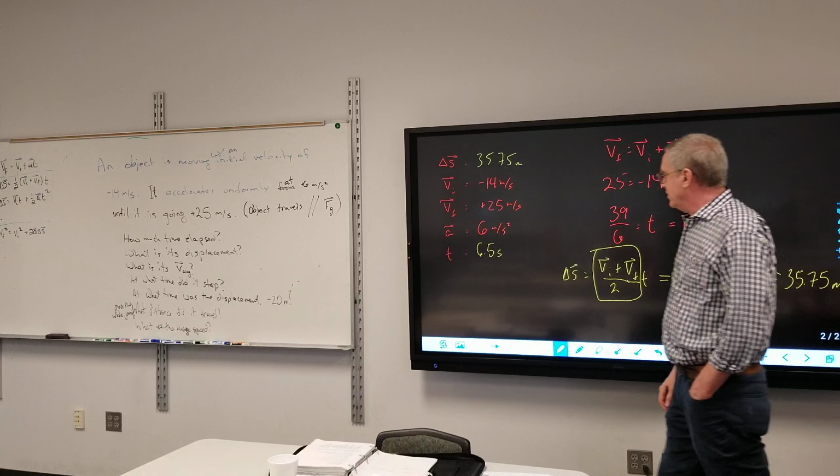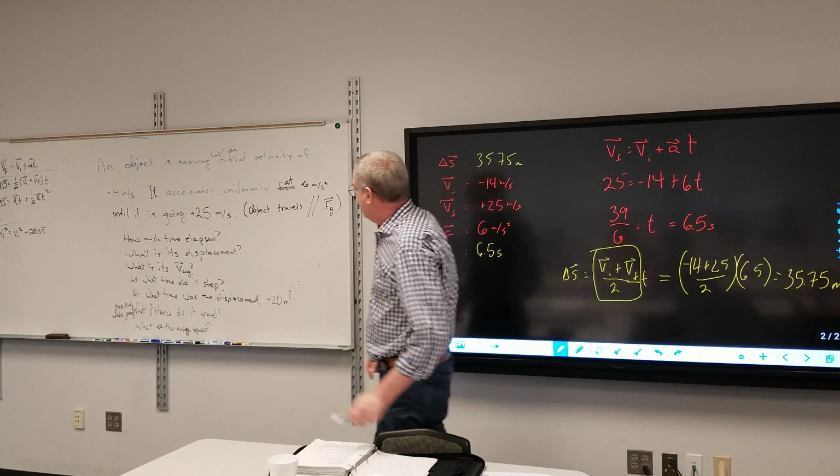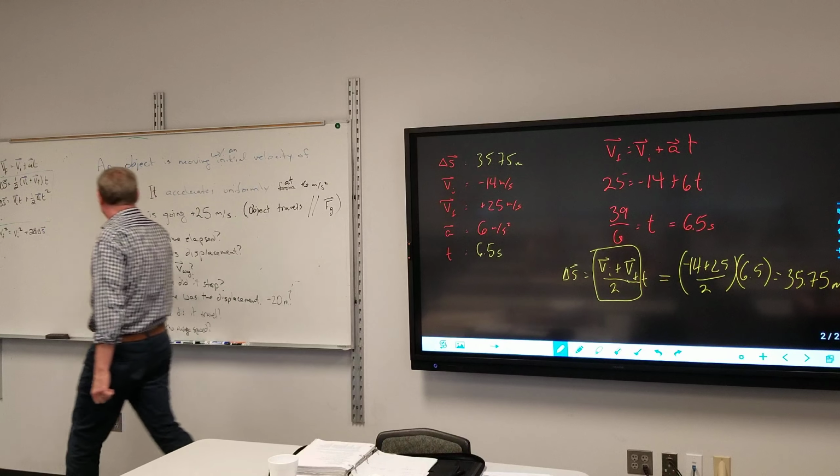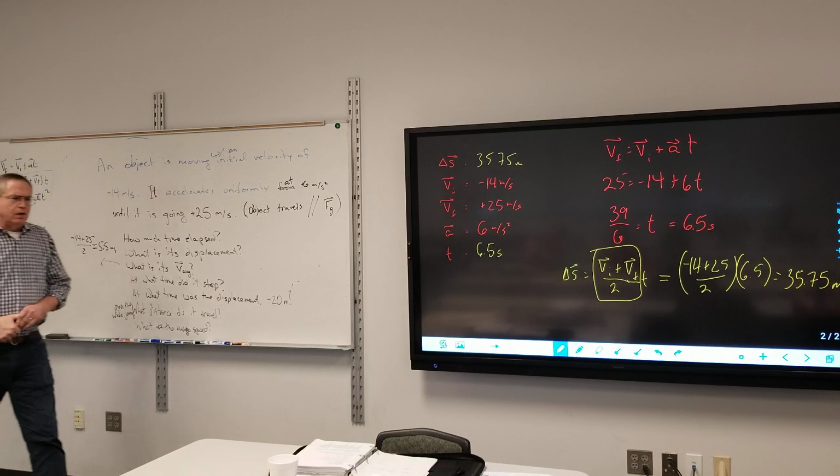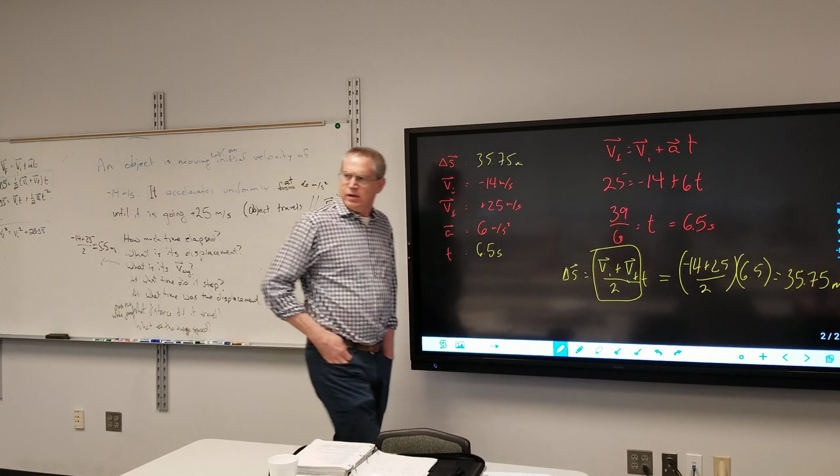So my average velocity: I've got negative 14 plus 25 divided by 2, which is 5.5 meters per second. What is the other way that always works?